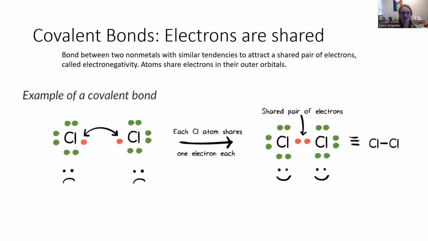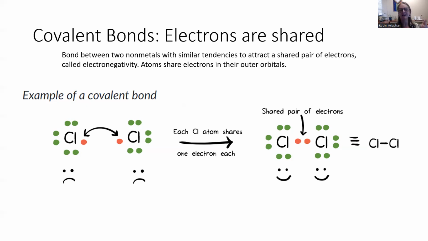Now, this isn't the only way atoms can bond. They can also bond by what we call a covalent bond. And this is when electrons are shared, right? So chlorine atom wants to take an electron. And it could pair with another chlorine atom that also wants to take an electron. And rather than swapping electrons, they're just going to share it, right?